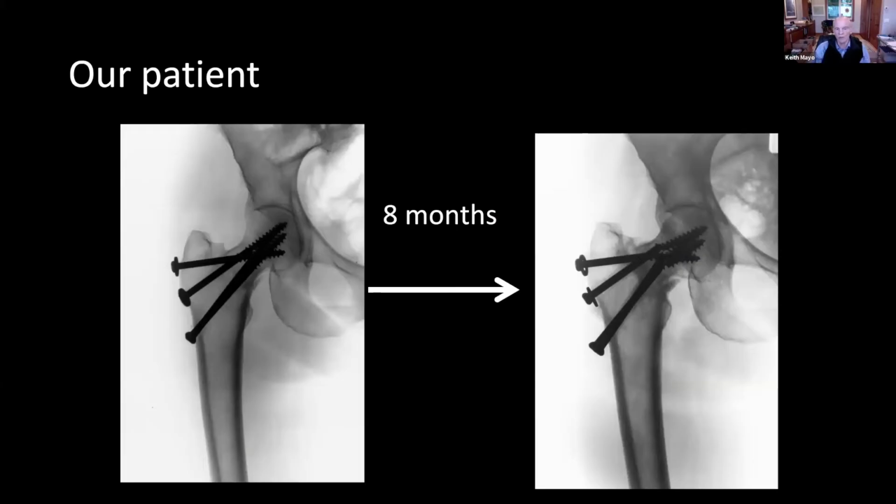So here's our patient. I think she was a 64-year-old race walker who complained of knee pain for about 6 weeks before she completed her femoral neck stress fracture. This was her initial film on the left. You can see there are already some problems with this.